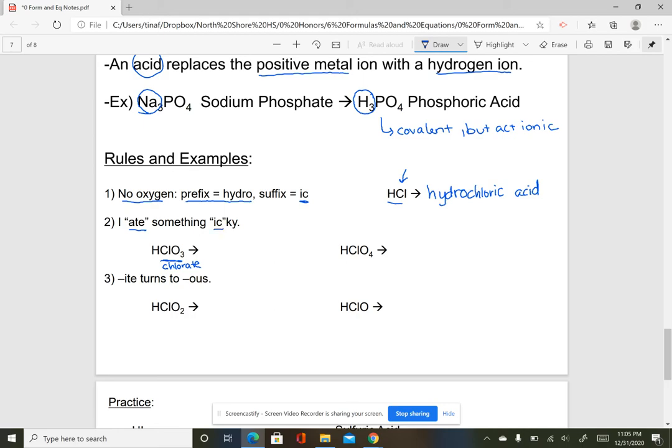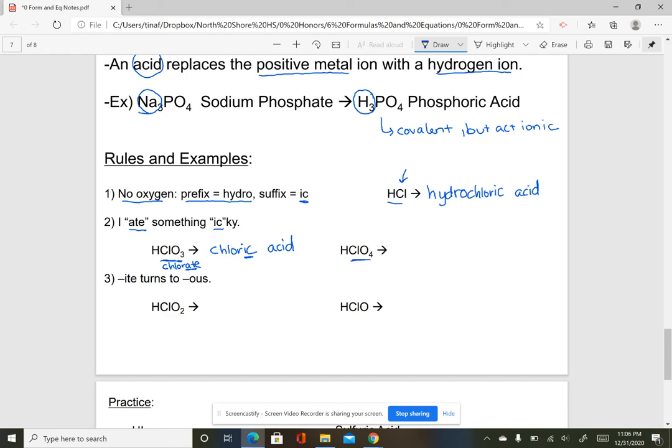If the polyatomic ion is ate, you're going to name the acid with an ic ending. So I'm going to name this chloric. The ate changes to an ic acid. There's no hydro because there's oxygens. You only use the hydro when there's no oxygen.